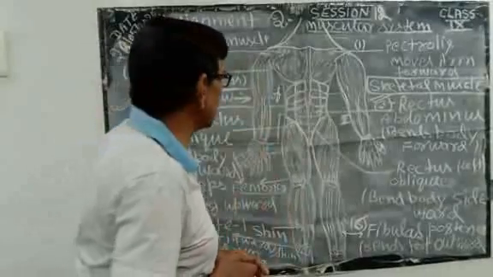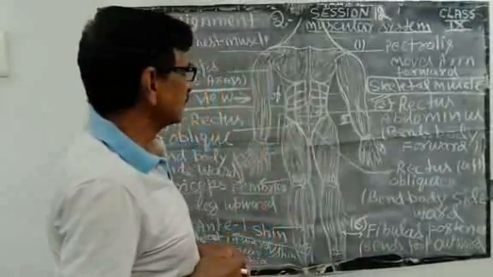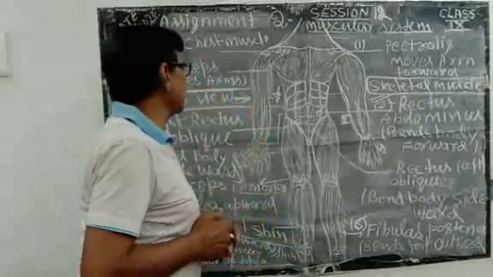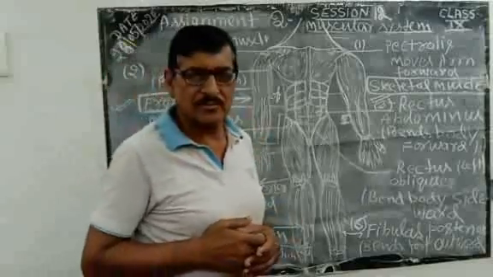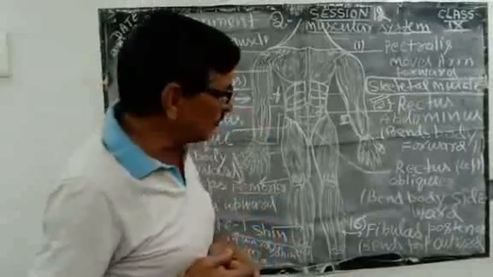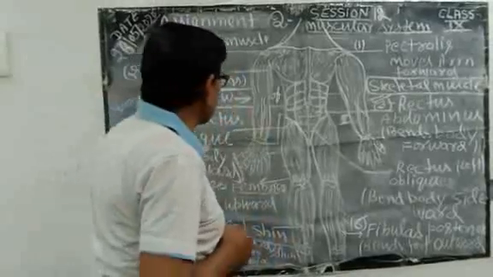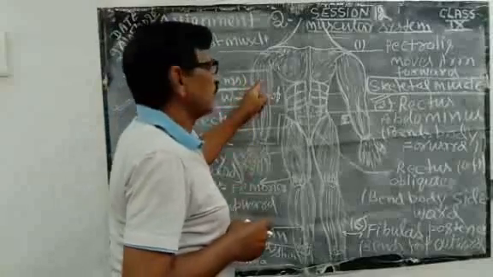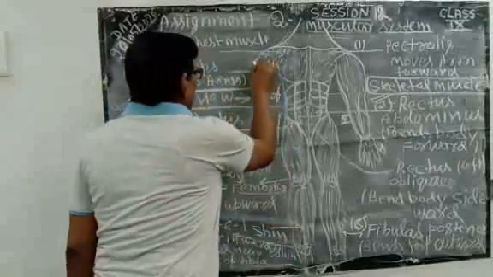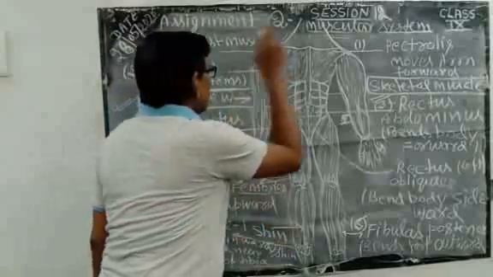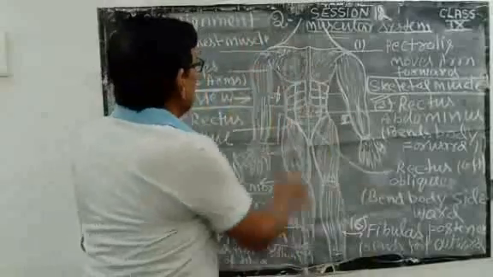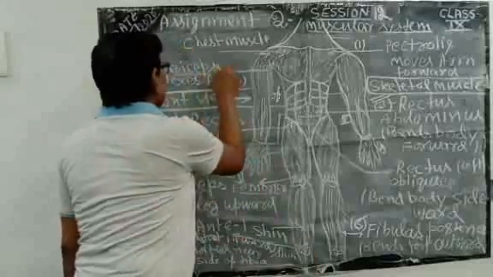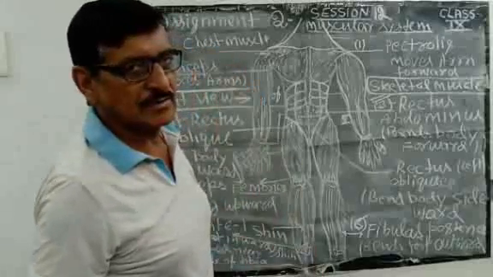Now, second step. That will be the biceps muscle. Now, children, I want to draw your attention to the upper arm. This one is the upper arm. This muscle is known as the biceps muscle.